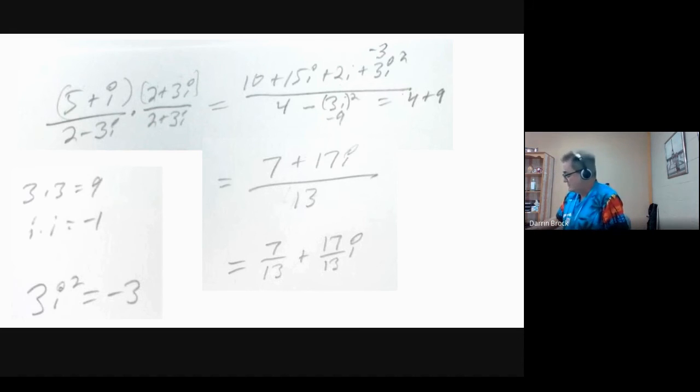But be careful. i times i times i times i changes it from negative 1 to positive 1. So pay attention to what exponent is on your i so you can simplify correctly. That simplified to negative 3 right there, and that simplified to negative 9.